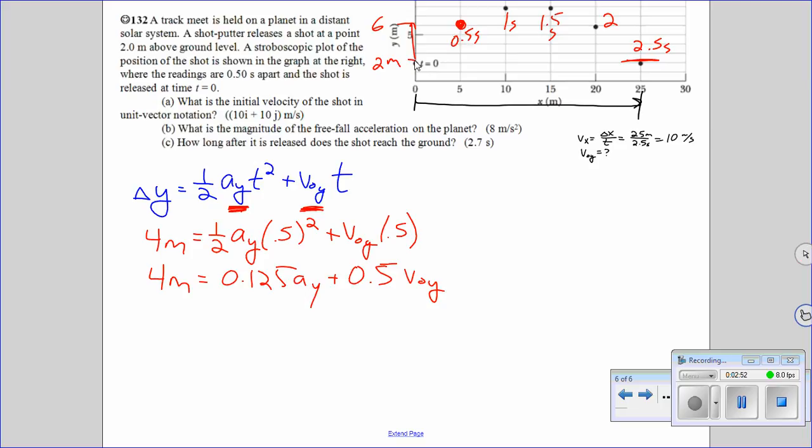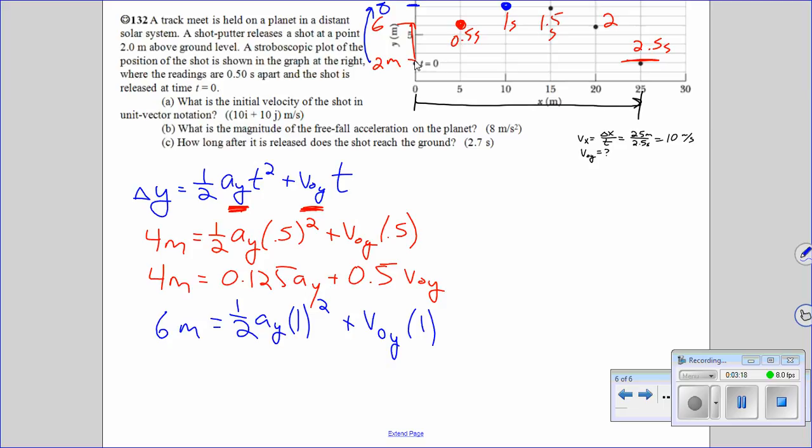And then the other equation I'm going to get by using 1 second. After 1 second, my vertical position is 8, which gives me a change of 6, right? So here's my new equation. My vertical position changes by 6 meters, so that's 1/2 AY times my time, which is just 1 squared, plus V0y times 1.